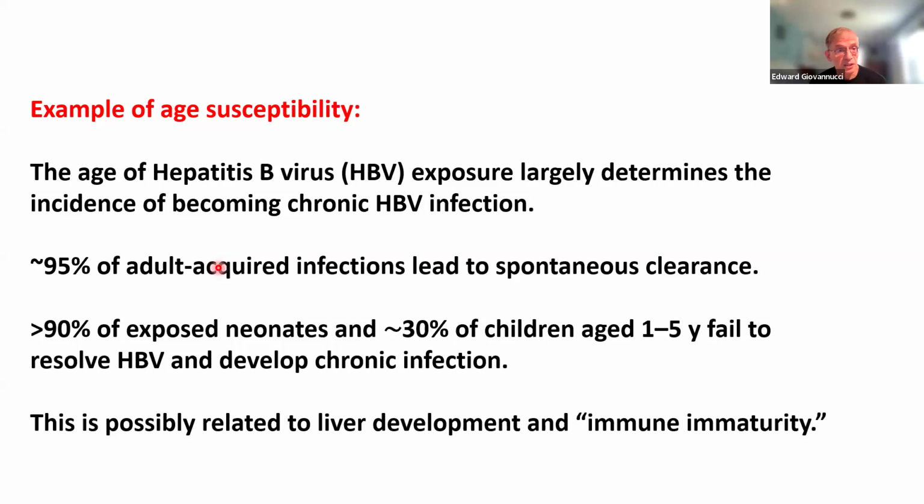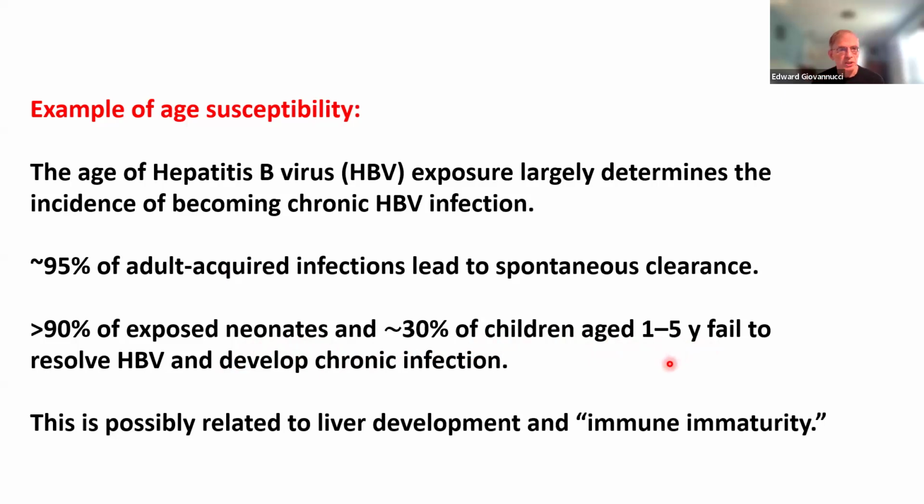If you get the infection in adulthood, the vast majority are cleared, so it's not a problem. But it's really a problem at very early ages: in neonates, very high rates, and in children, 30% aged 1 to 5 fail to resolve HBV and develop chronic infection.